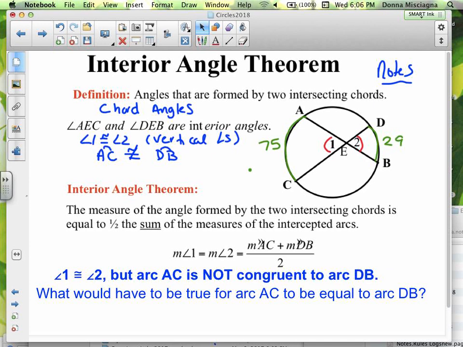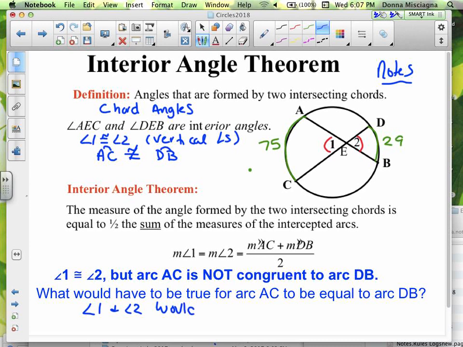The only way that angle 1 and angle 2 and arc AC and arc DB would all be congruent is if angle 1 and angle 2 would have to be central angles. So their vertex would have to be at the center of the circle, not just somewhere inside the circle.